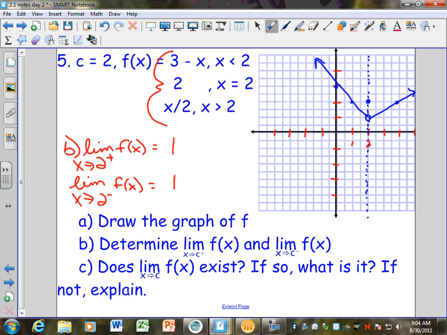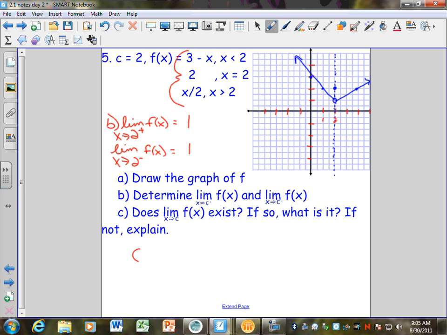And this is exactly worded like a problem on your homework. So what do you say? Does the limit exist? How do you know?